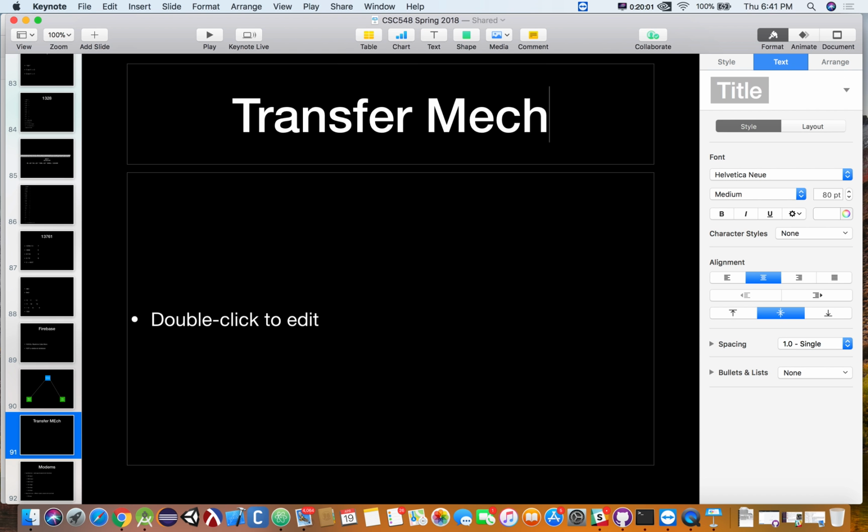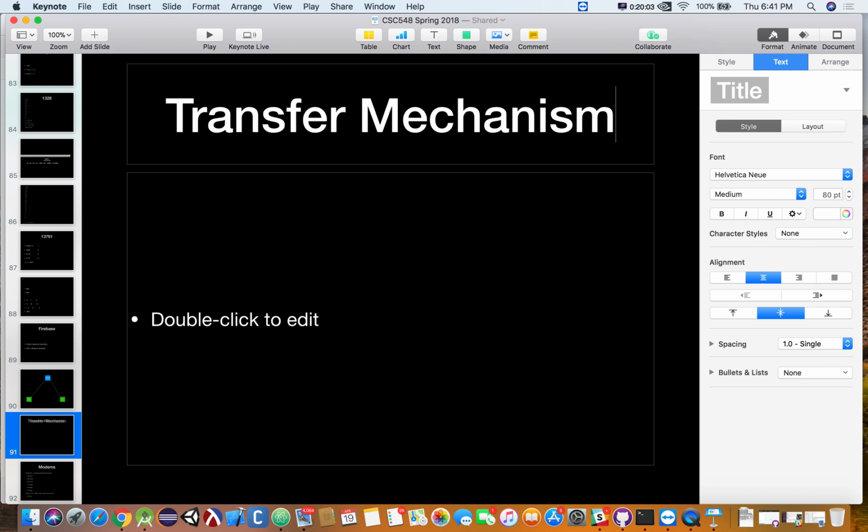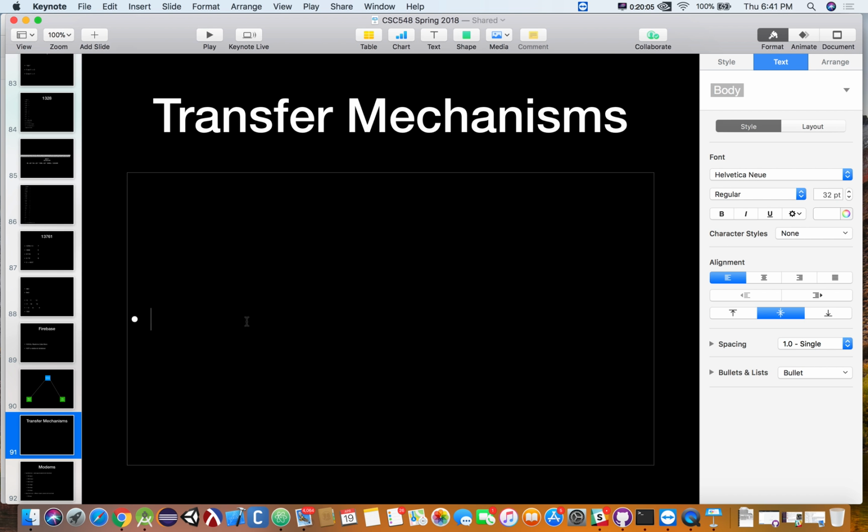Transfer mechanisms. Half duplex. Full duplex. Have we heard these phrases before? What do they mean?